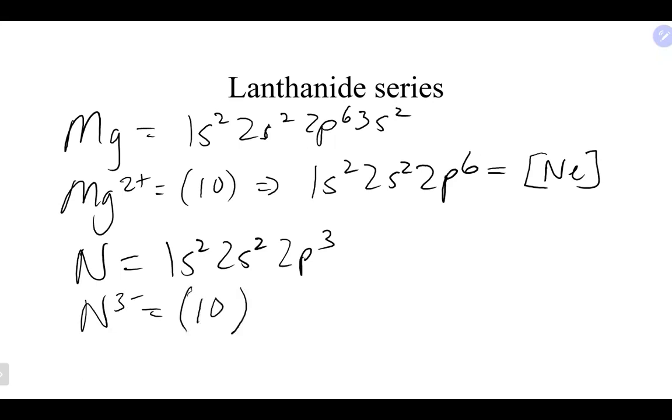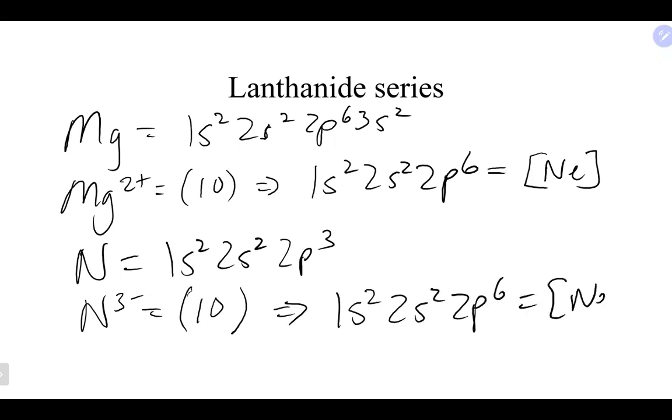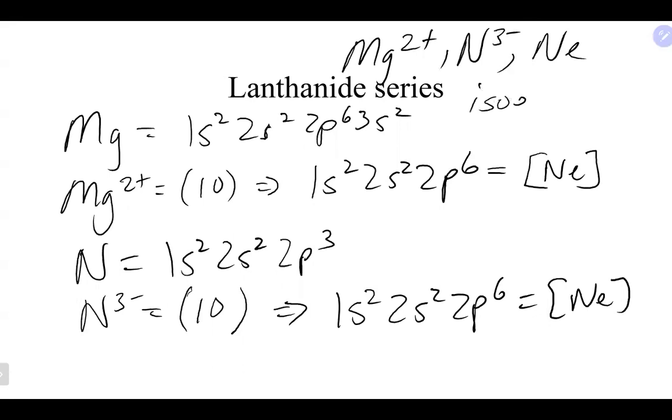It goes 7 + 3. It would then have a configuration of 1s2, 2s2, 2p6, or again, neon. So all 3 of those things in this example, magnesium with a +2, nitrogen with a -3, and neon all have the same electron configuration.